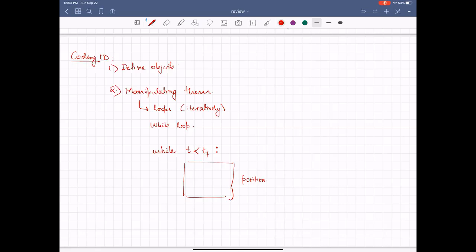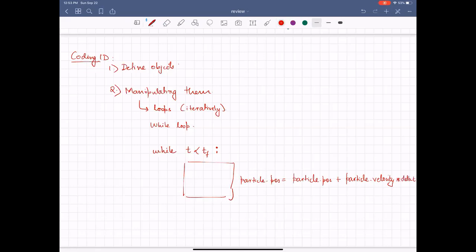Sorry, particle.pos is equal to particle.pos plus particle.velocity star delta t. Star means multiplying, so star delta t.